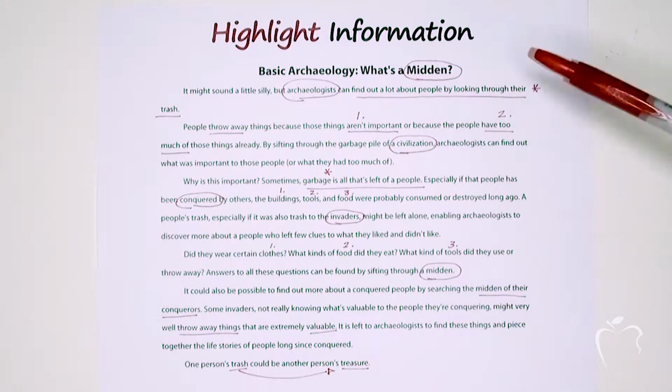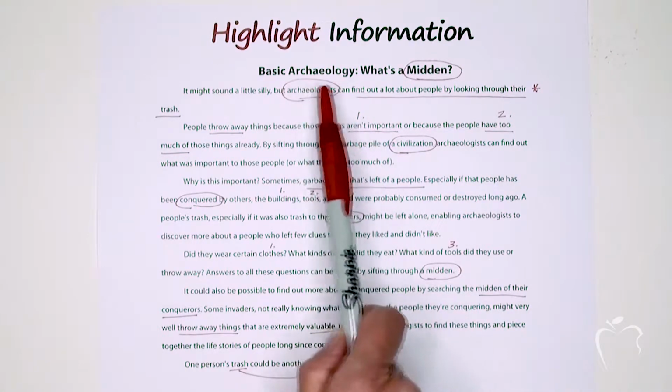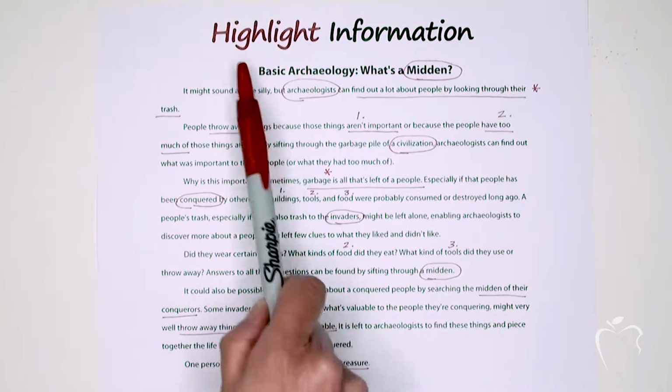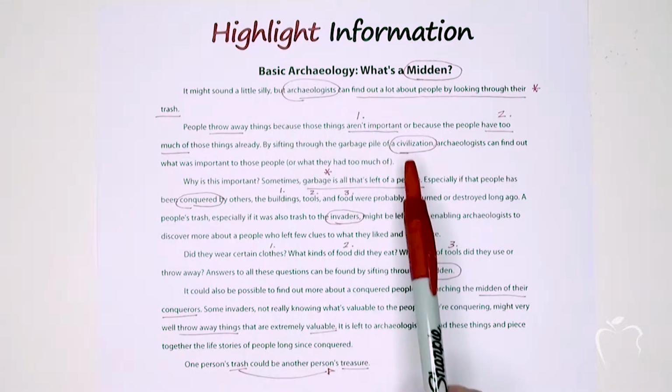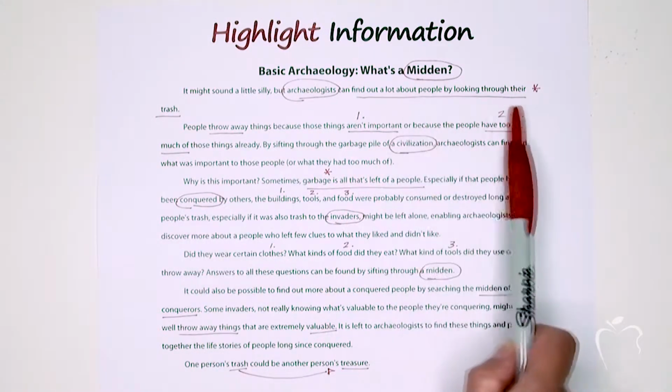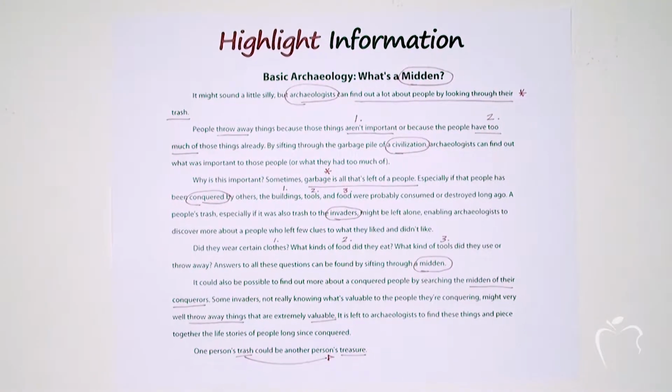When students only annotate text with codes and symbols, it looks a lot like this passage about archaeology. The reader did highlight important information with circled words and underlined ideas and even some numbers and symbols. But the problem is, a day or two from now, the reader won't know what he or she meant by all of that underlined and coded text.